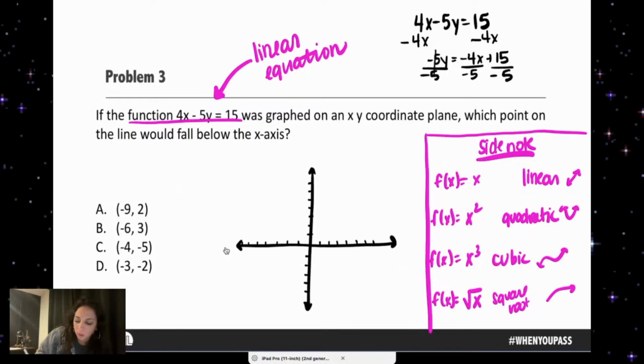And I get y equals negative 4 divided by negative 5 is a positive 4 over 5 x, 15 divided by negative 5 is negative 3. Now I have something I can work with. So I'm going to graph my y-intercept, which is negative 3. So I'm going to go down 3. I'm going to rise 4, run 5. Rise 1, 2, 3, 4. Run 1, 2, 3, 4, 5.